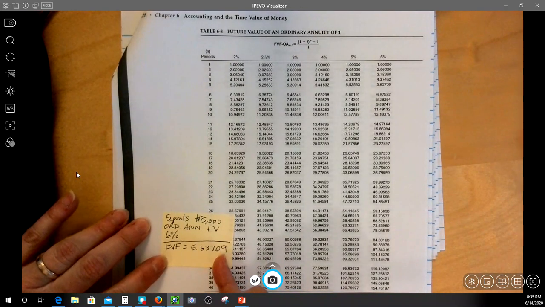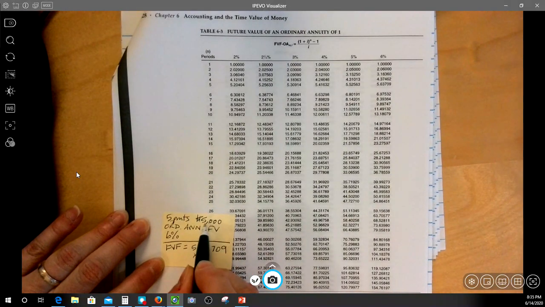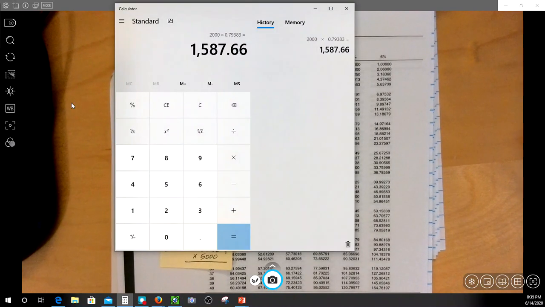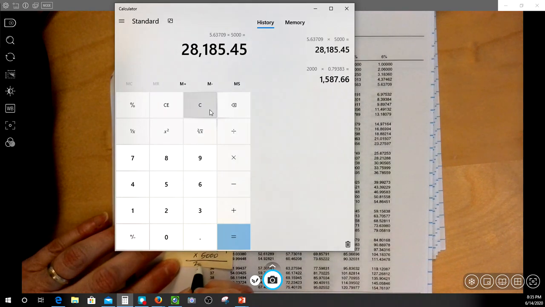We're going to multiply it by our single annuity payment, 5,000. Let's get our calculator out here. 5.63709 times 5,000, and we get 28,185.45.